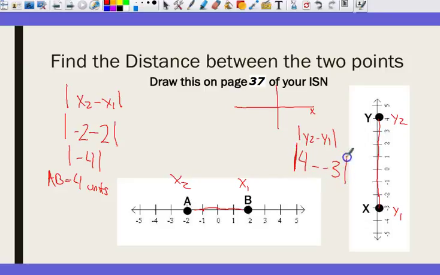Remember, it's the absolute value. 4 minus negative 3 is the same as 4 plus 3, 7. What's the absolute value of 7? Okay. Now, there's a reason why I'm showing you this, and it's not because I want to make it harder for you. Okay. The next thing we're going to do directly relates to this.